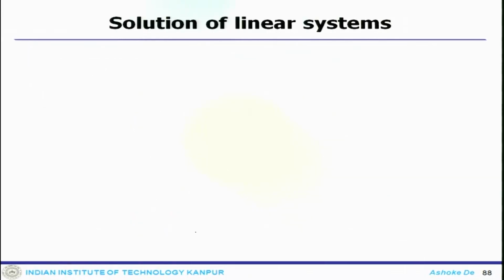So, if you put them in the algorithm, how does it work? First you compute phi n, which is b n by a n n, because that is the term which you require. Then you go for a loop where i goes to n minus 1, and let us say some term equals 0.